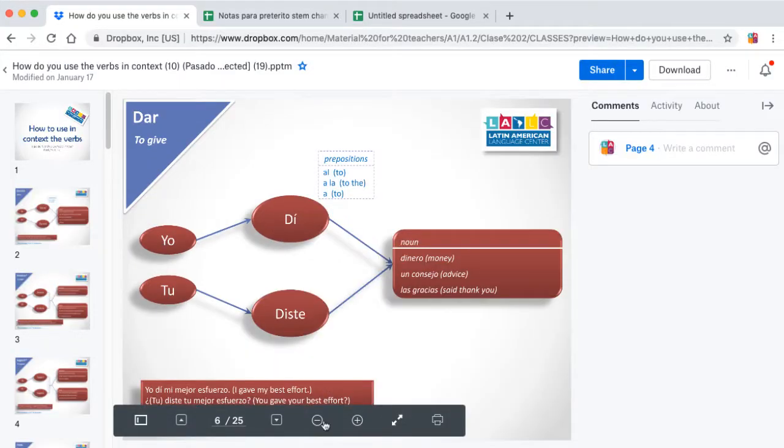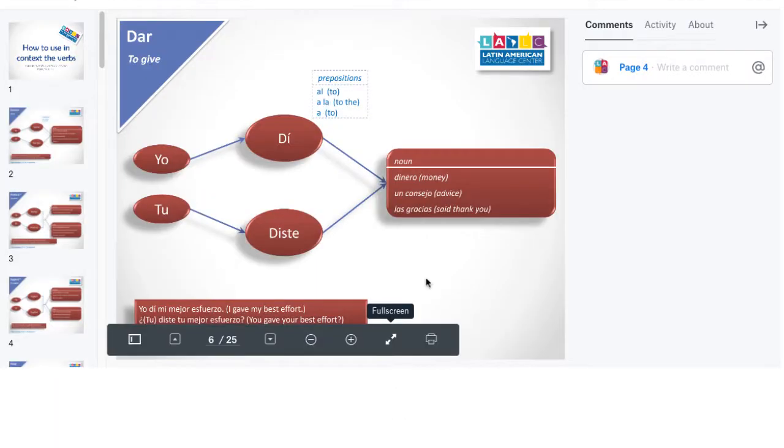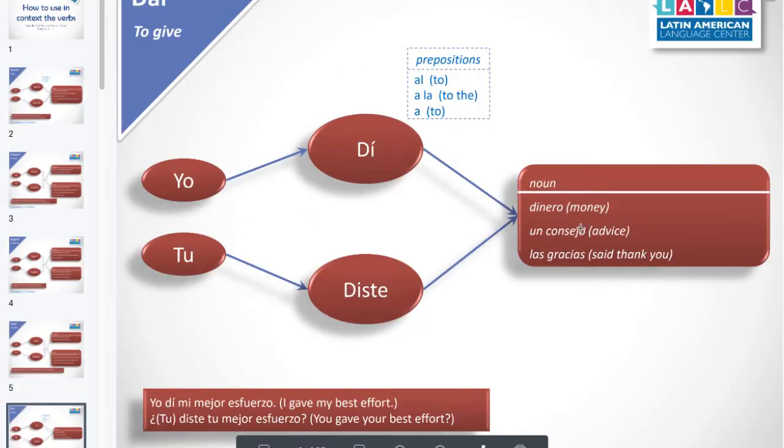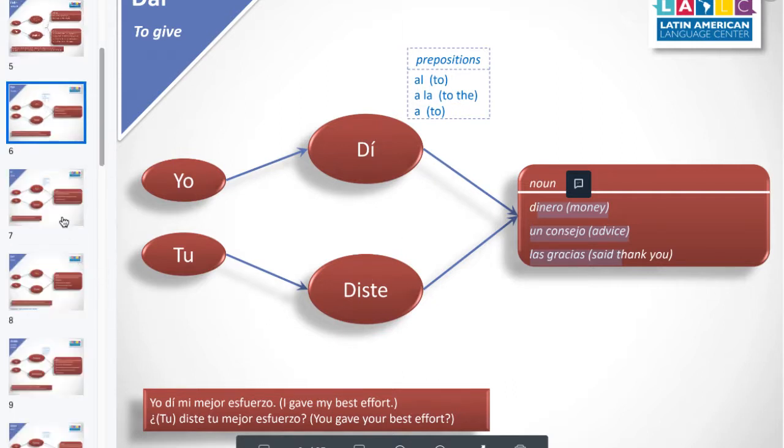So then dar is yo di dinero, un consejo is advice. So it's very useful to learn the nouns related to these verbs, because I wrote here some examples of the prepositions that it can go with. So just to have an idea on how to make those sentences.